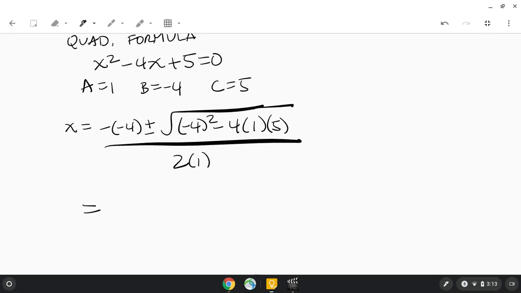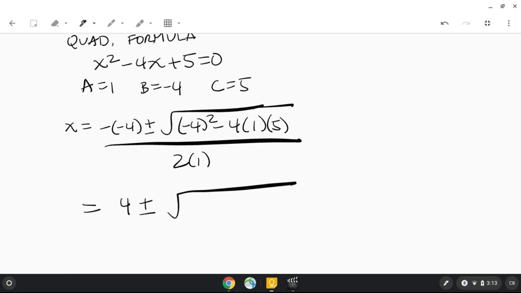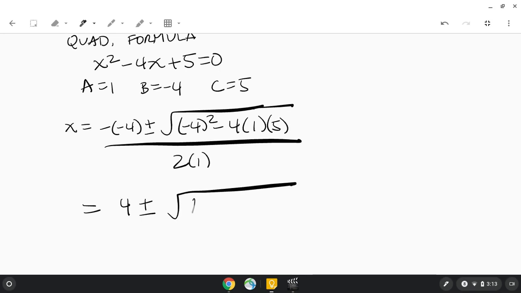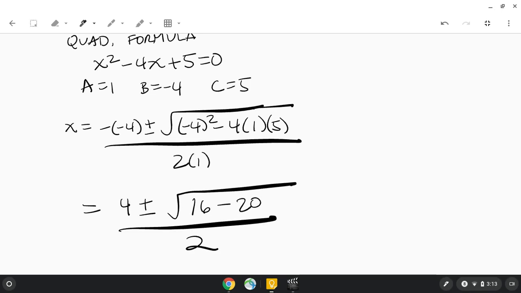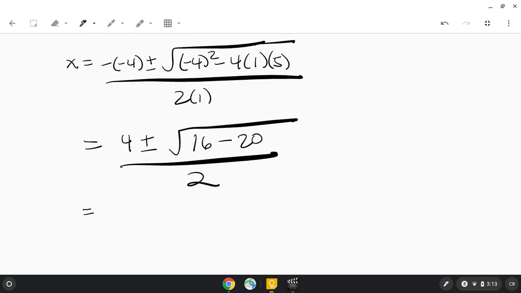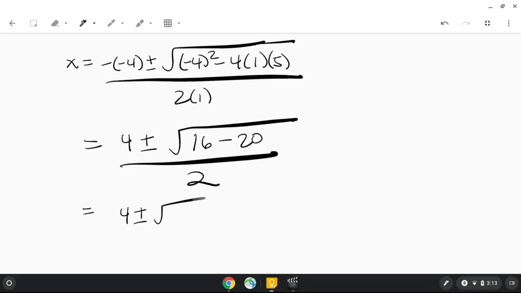So that's positive 4 plus or minus the square root of 16 minus 20, all over 2. That's going to be 4 plus or minus the square root of negative 4, all over 2.